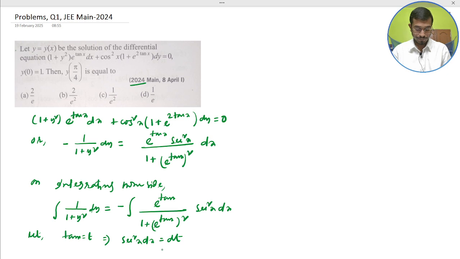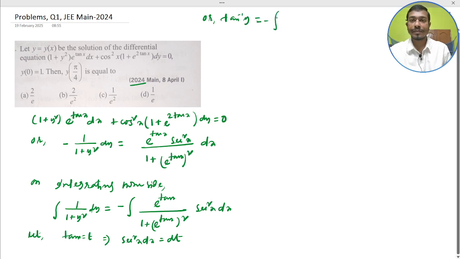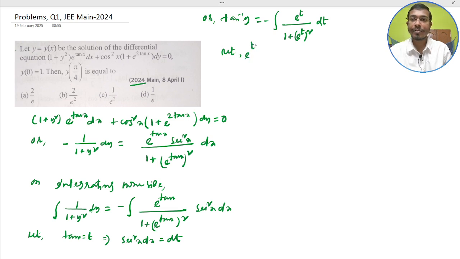Put this value, you would get tan inverse y equal to minus integration of e to the power t divided by (1 plus e to the power t) whole square dt. Okay, just substitute. Now again substitute, let e to the power t equal to u, so that implies e to the power t dt is equal to du.